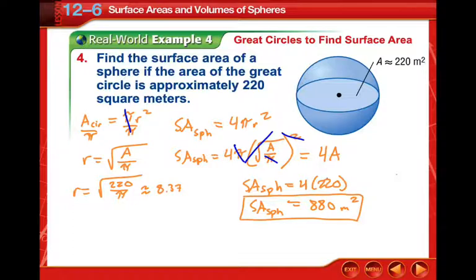Then we would plug that back in to the surface area formula for a sphere, 4 pi times 8.37 squared. And again, that 8.37 is approximate, so I wouldn't really round until I'm done. I would just round it for the writing purposes, but plugging that in again gets us the 880 that we got right there.